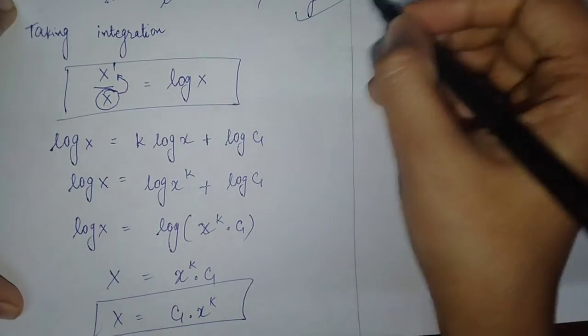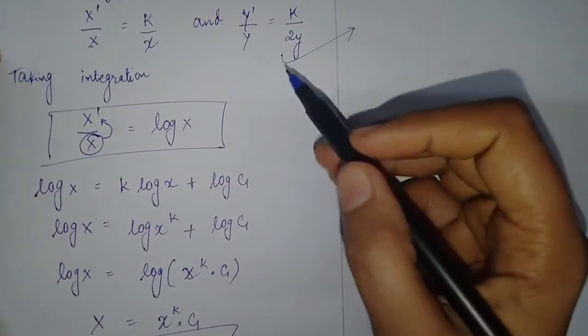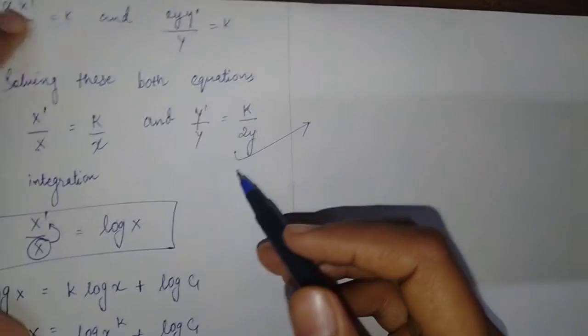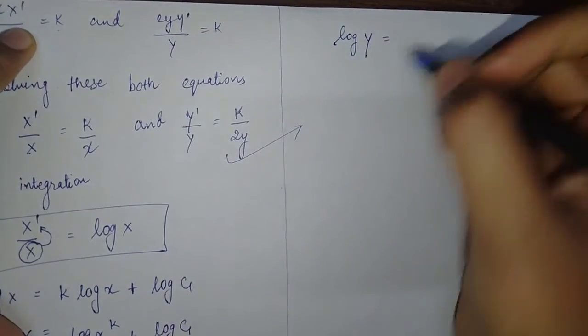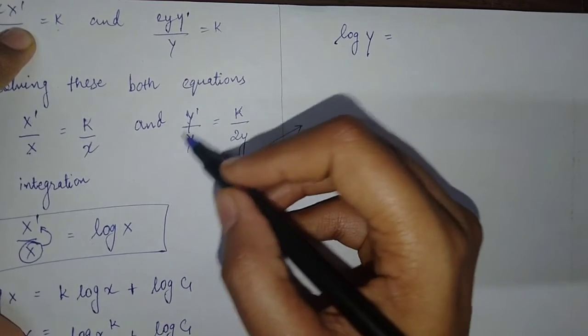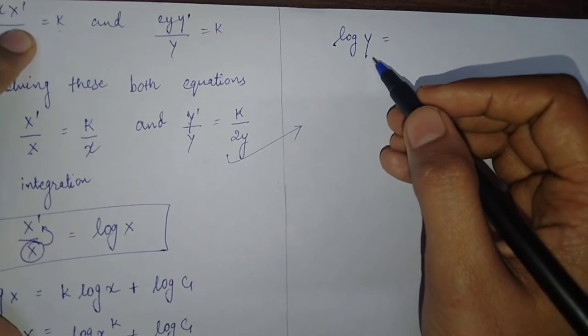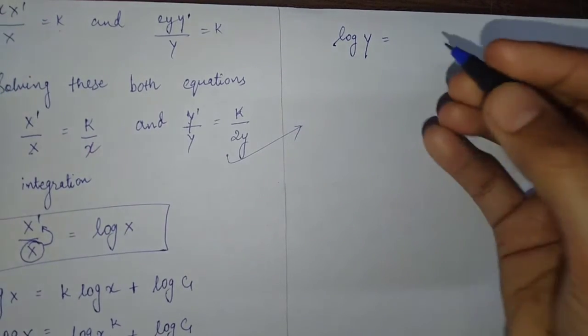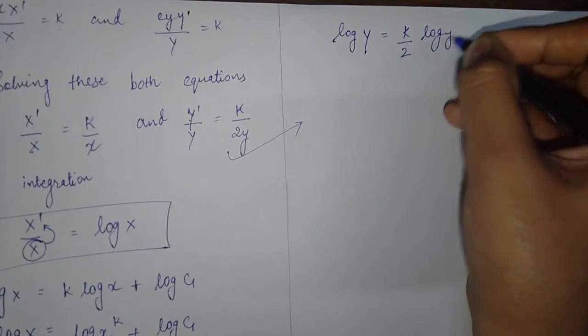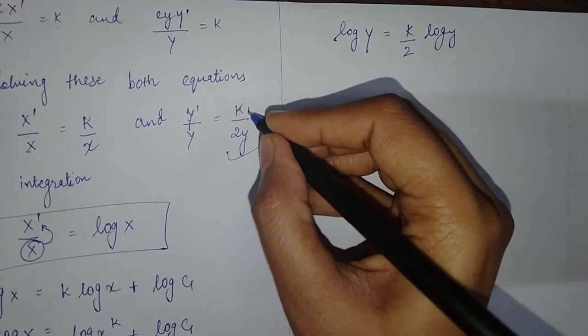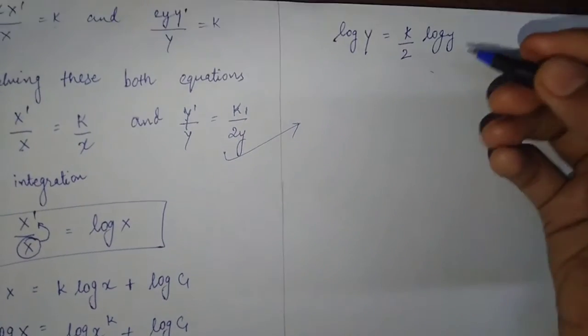Now we will integrate this term. So integrating this term we will get log y. Okay, y dash by y, integration of this term will be log y. That is equal to k by 2 into log y. K by 2 is constant and the integration of 1 by y is log y.